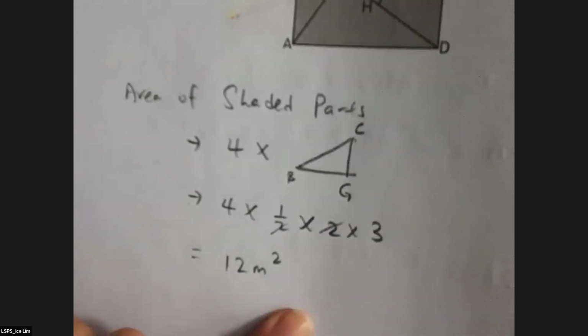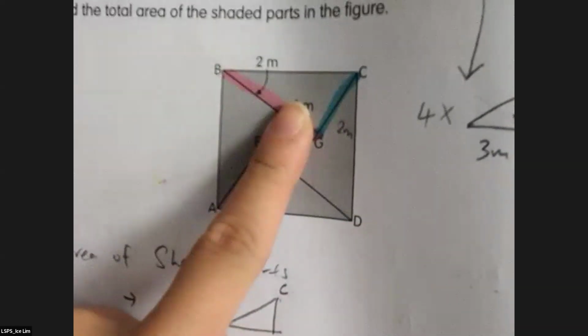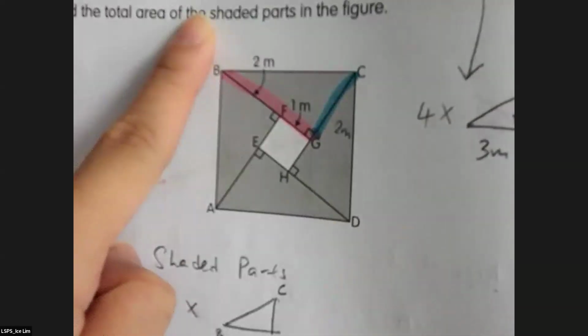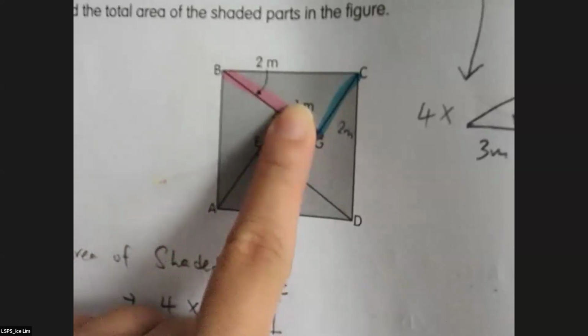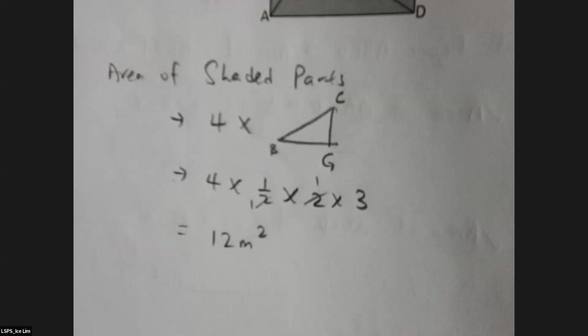But if you can identify correctly that the shaded parts are just 4 of this one, then actually it's just 1 step. You know what I'm talking about?